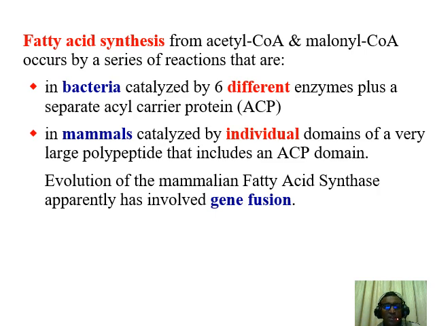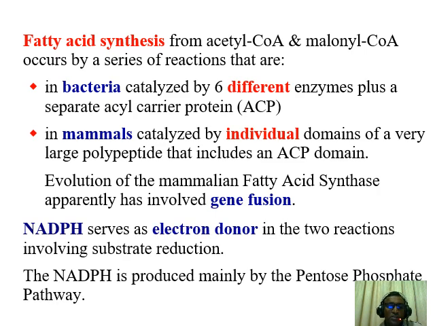While in the mammal, it has been fused together due to evolution to be complex. So that's the difference. And in terms of fatty acid synthase, it requires the presence of NADPH for its reaction to take place. And this NADPH, the reductant, is supplied by pentose phosphate pathway.